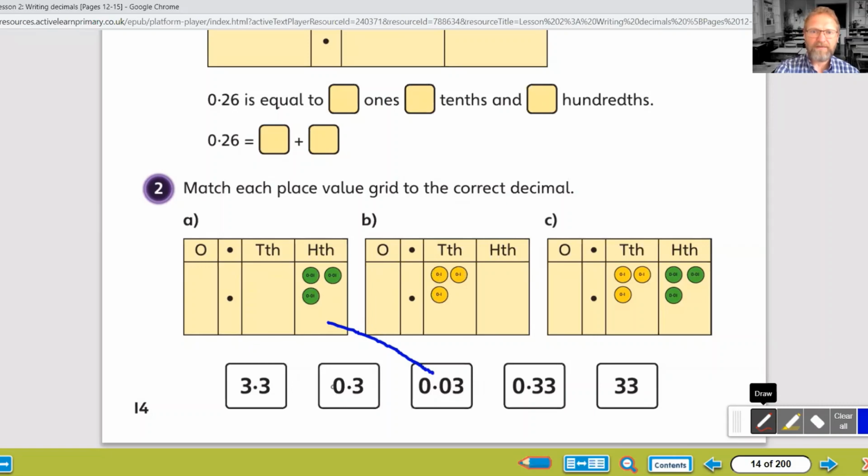So look down here, 0 ones, 3 tenths, and no hundredths. So those join together. And finally, we've got 0 ones, 3 tenths, 3 hundredths. And this one just here is 0 ones, 3 tenths, 3 hundredths. So we join those two together.